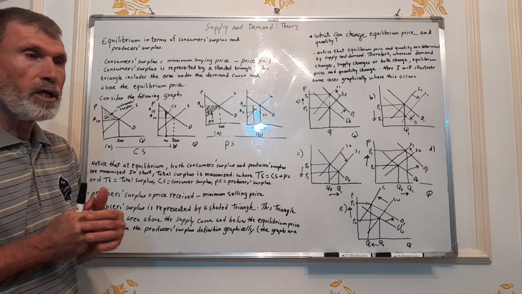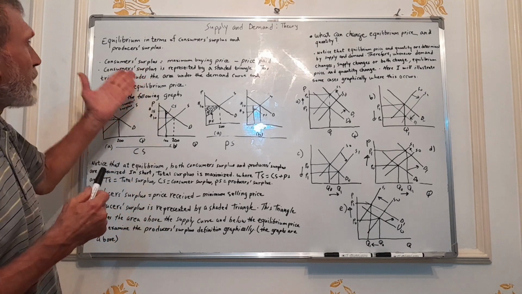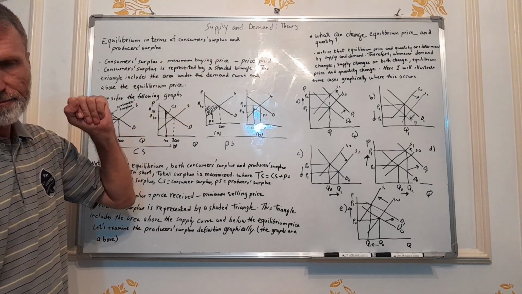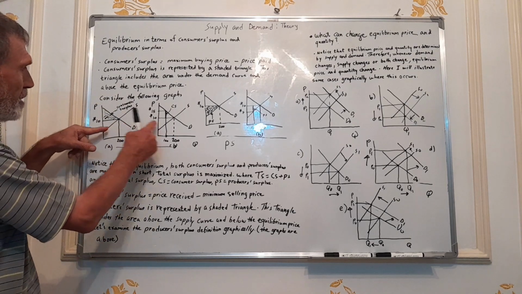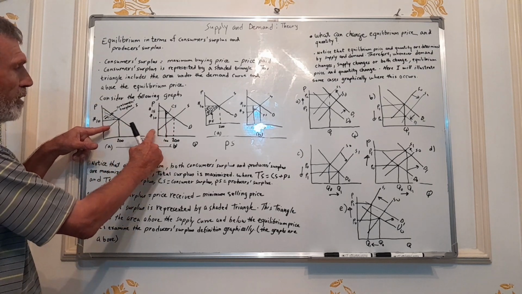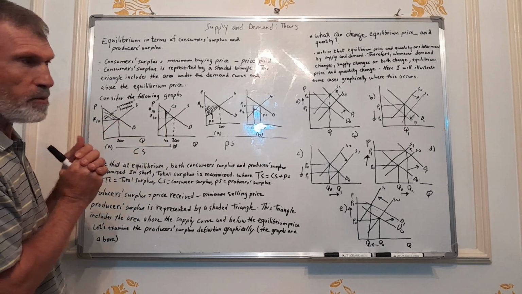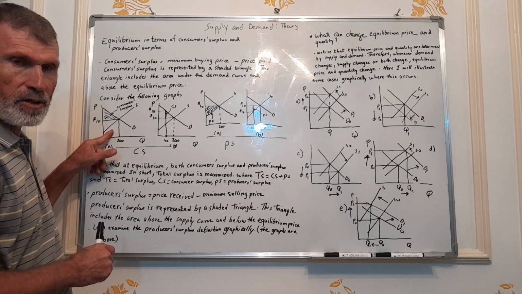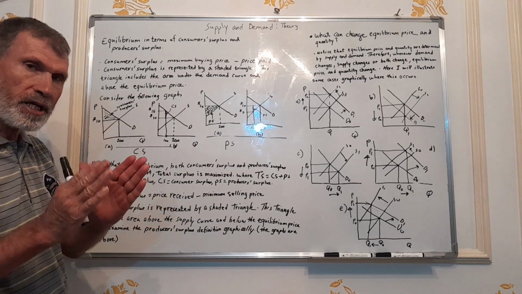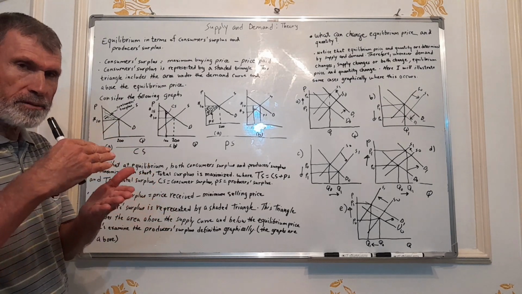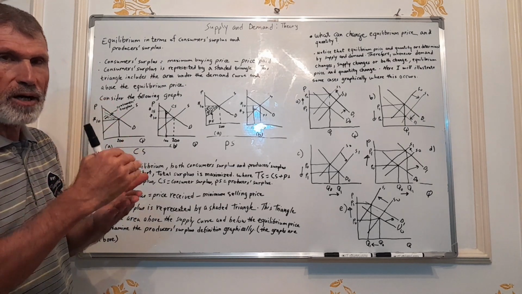Consumer surplus can also be represented by a shaded area. As you can see in the graphs over here, these two graphs concern the consumer surplus. In the first graph, consumer surplus is represented by the shaded triangle in the area below the demand curve and above the equilibrium price.